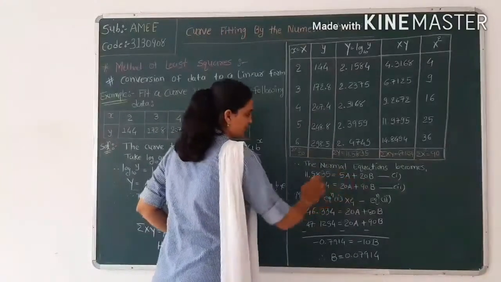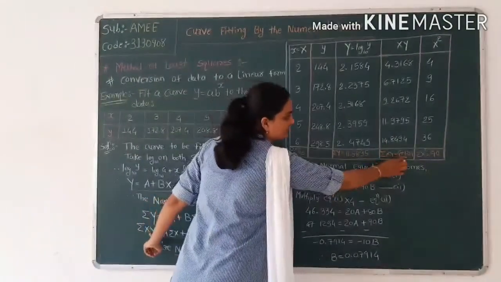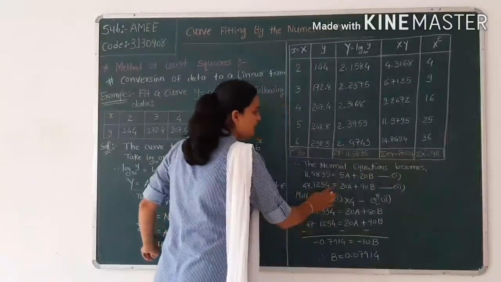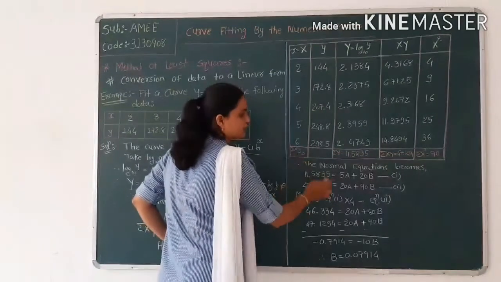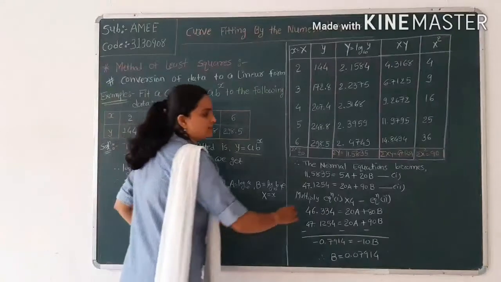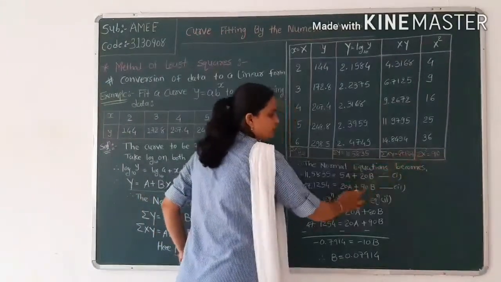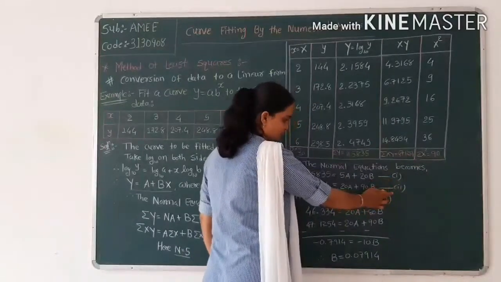In the same way, summation XY is 47.1254 equals A summation x, so 20A, plus B summation x square, so 90B. So we have two equations, equation 1 and equation 2.